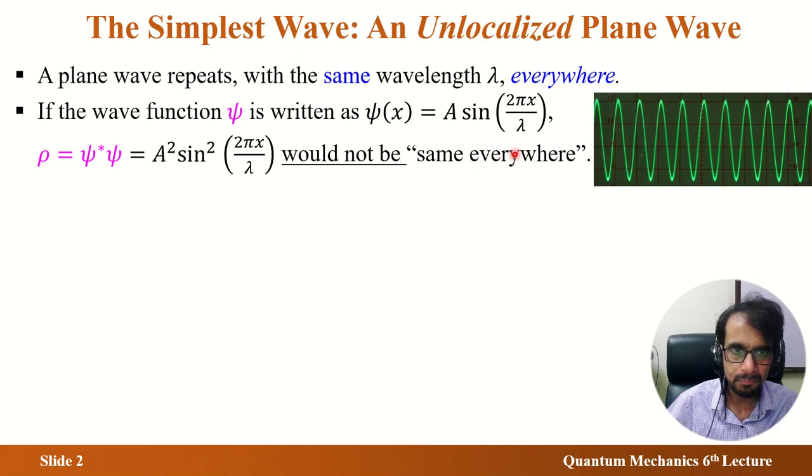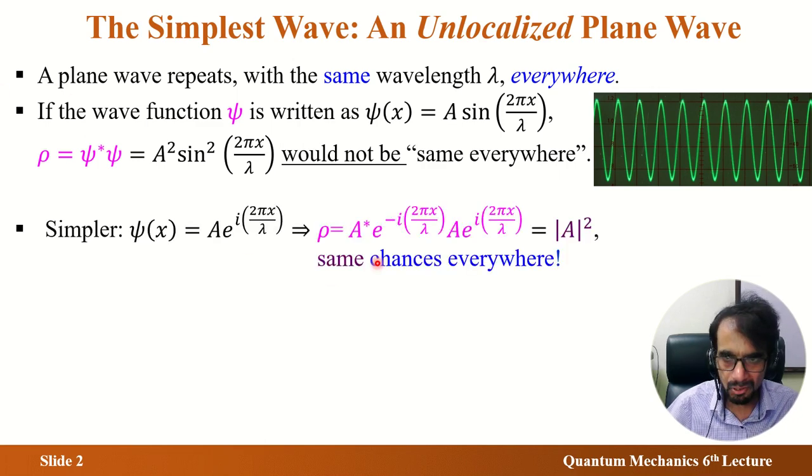There are some reasons, some I can tell you in today's lecture, some later, that this is not an acceptable plane wave in quantum mechanics. Other subjects may use this plane wave, but quantum mechanics does not. The reason is partially this, that it has different values of probability density for different values of x.